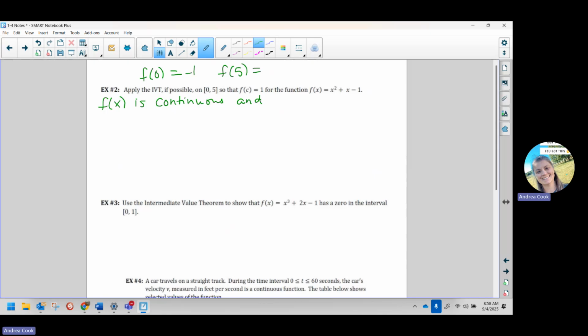What is f of 5? 29. What number has to be between them? Not 0. 1. Why, what are we trying to find? We're trying to find if the function equals 1. So f of x is continuous and 1 is between, which one's smaller, f of 0 and f of 5.